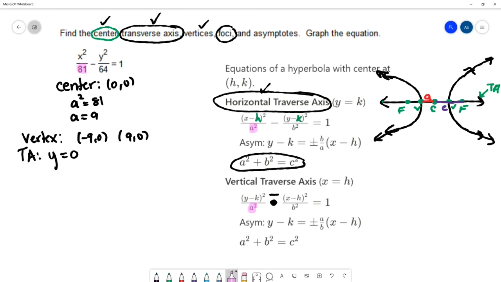I know that B squared is going to be 64, so B has got to be 8.